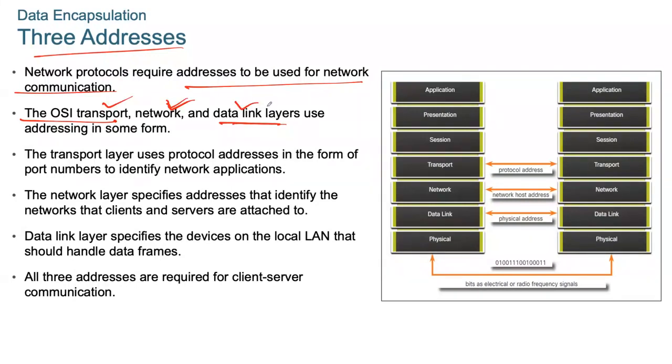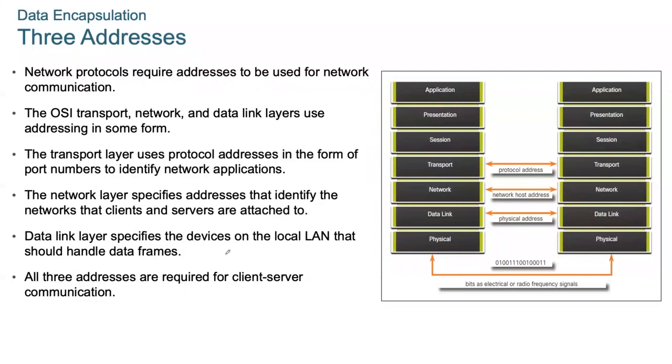They use addressing in some form. That means the lower three layers use addressing. The upper layers we call application layers, and the lower layers we call network operated layers.